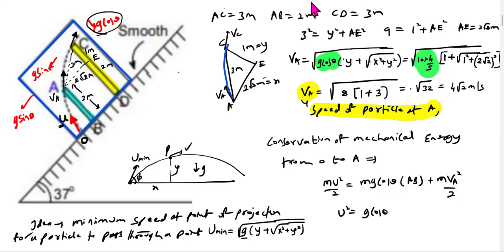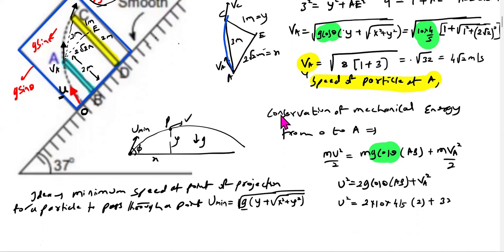Let me highlight that. Now this should be equal to the distance AB plus VA square. Here 2 will come. So this U is the unknown. 2 into 10 into cos 45, 4 by 5. Distance AB is 2. VA square will be 32. Okay, simplifying this.